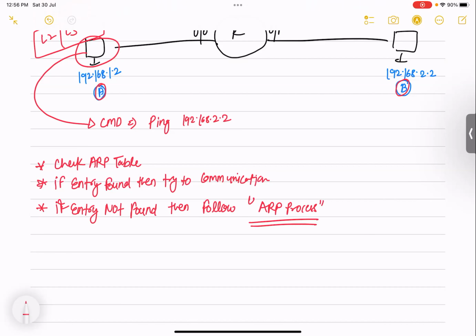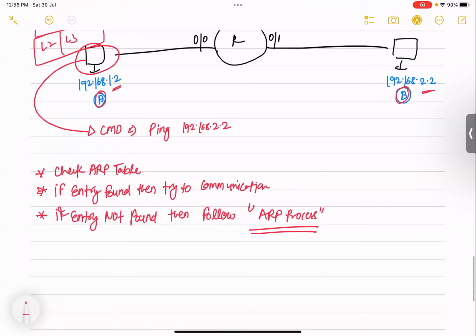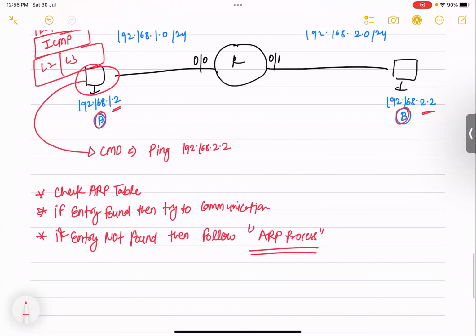But right now 1.2 and 2.2 are in different networks. Always remember, before checking the ARP table, one more thing.